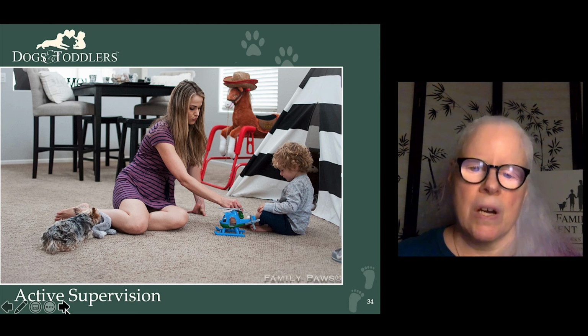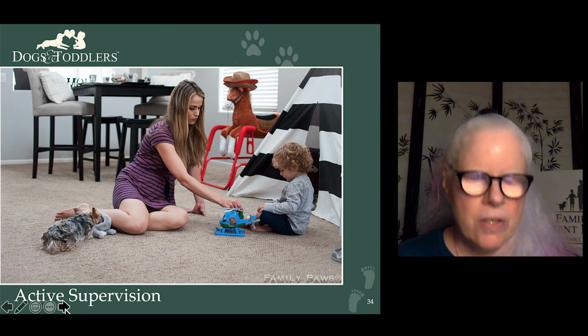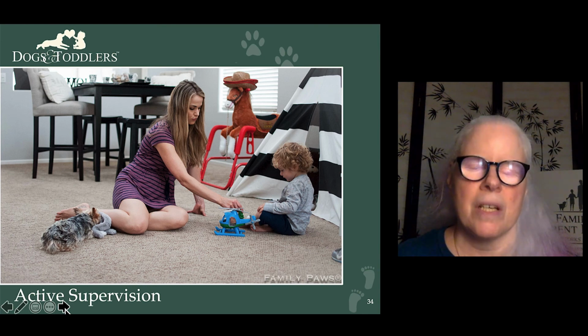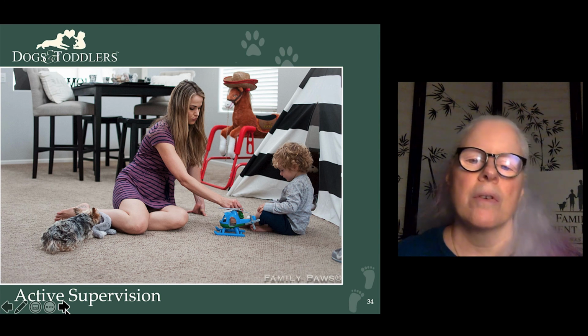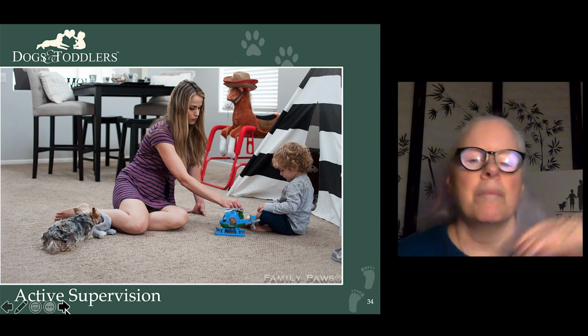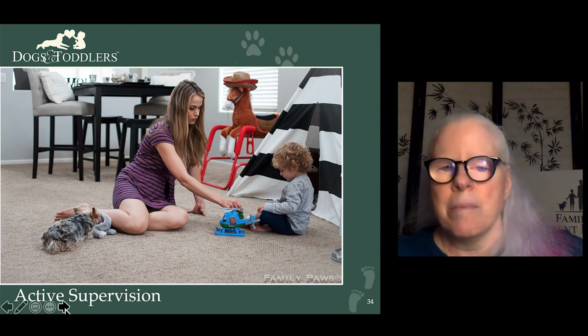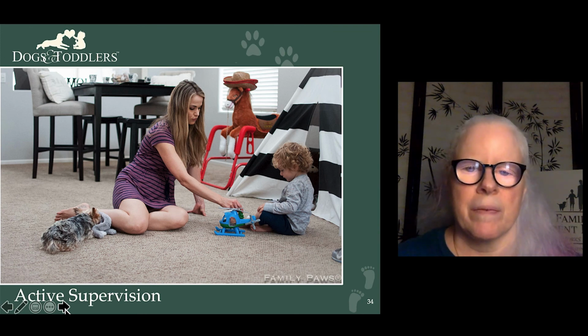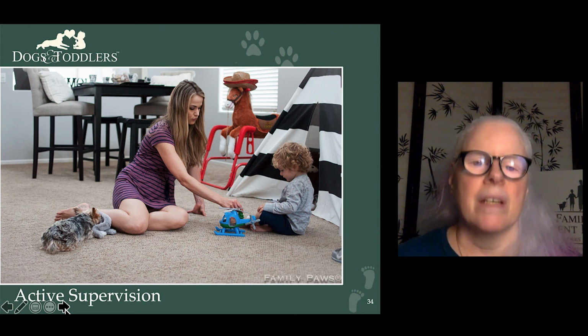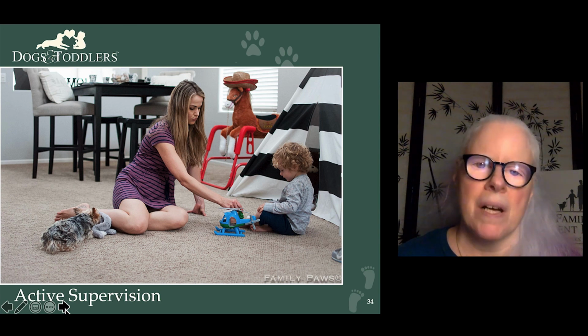So if you notice those things while you're actively supervising, then you can offer your dog another option. Maybe let them go in another room, maybe behind a gate, maybe even 10 feet away on a mat, whatever is going to work for you and your dog. But if you don't know what you're looking at, you might very well be supervising inefficiently.